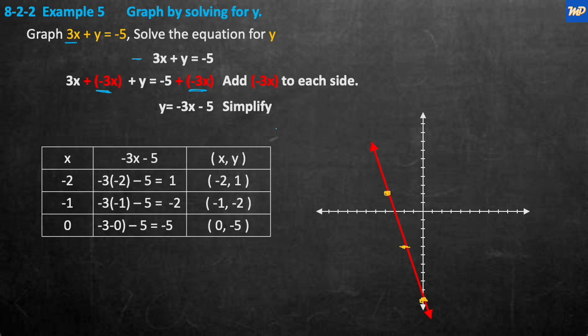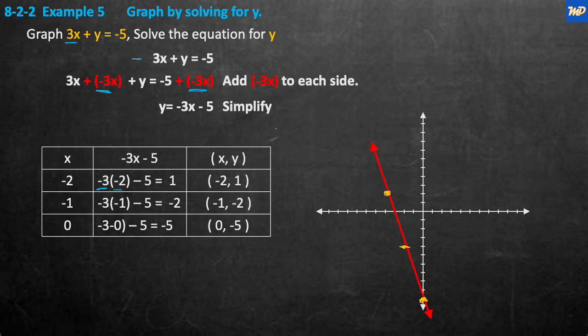Okay, so now we're going to plug in some values. I chose minus 2, minus 1, and 0. That's what I wrote down. When we solve the equation, we get minus 3 times minus 2 is 6.